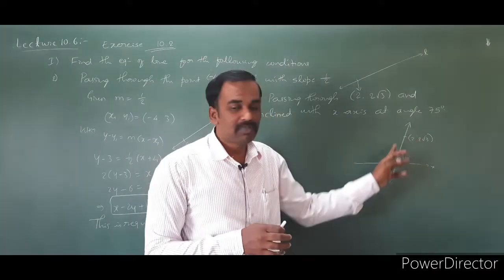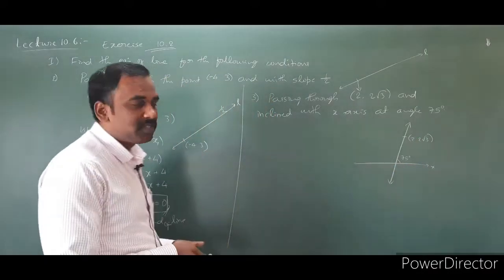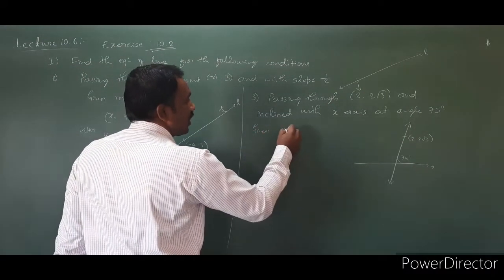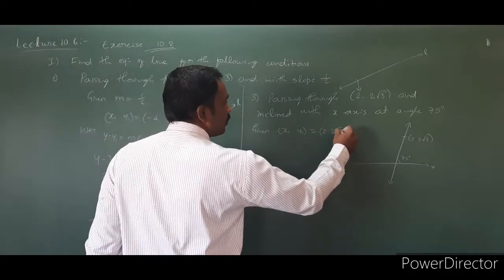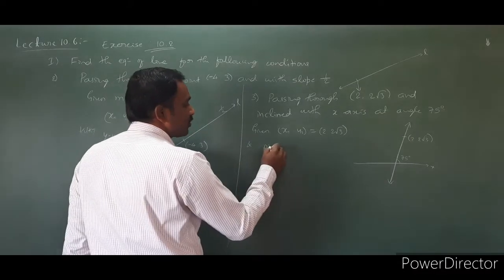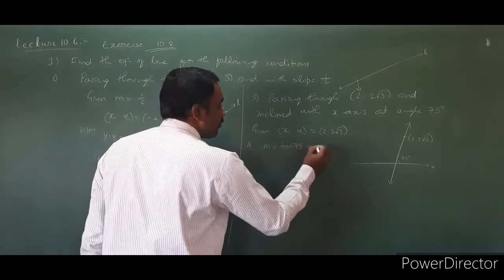How do you find the slope of the line? m is equal to tan theta, because theta is the inclination of the line. So here x1 comma y1 is 2 comma 2 root 3, and m is tan of theta, where theta is 75 degree.